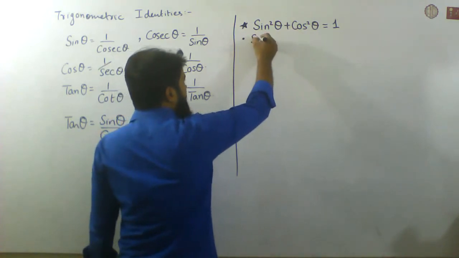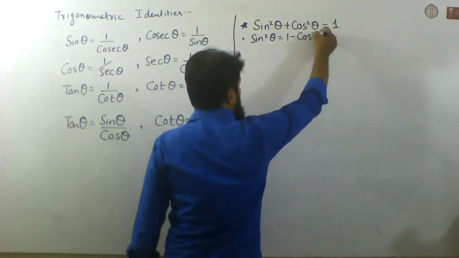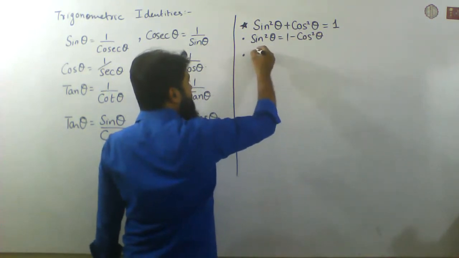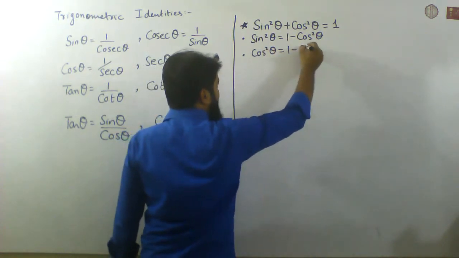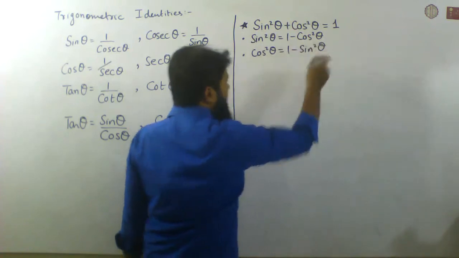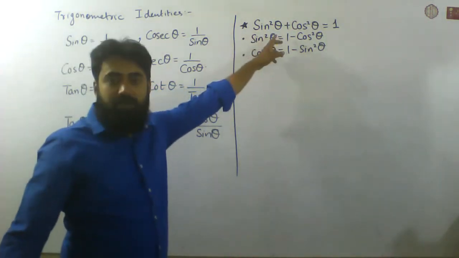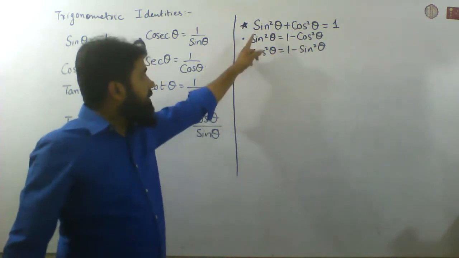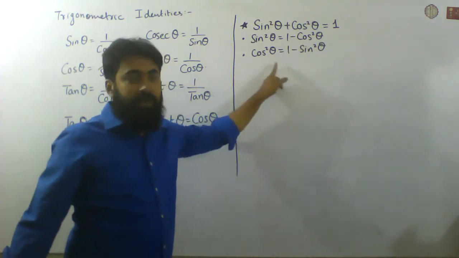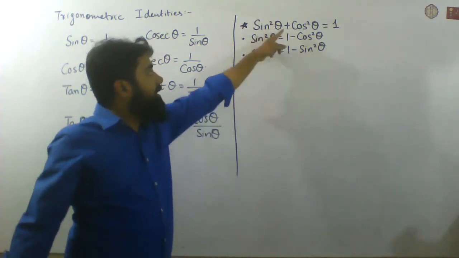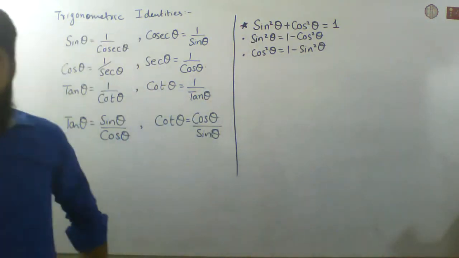You can have sin square theta equals 1 minus cos square theta, or cos square theta equals 1 minus sin square theta. I shifted cos square to the other side to get 1 minus cos square, and similarly I kept cos square on the left and shifted sin square to the right to get this result.